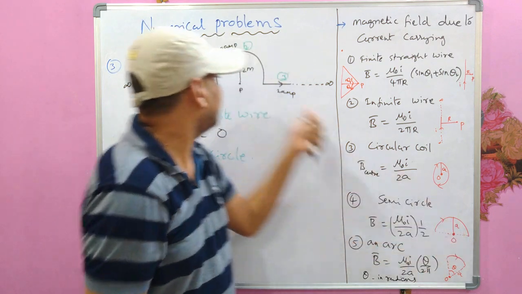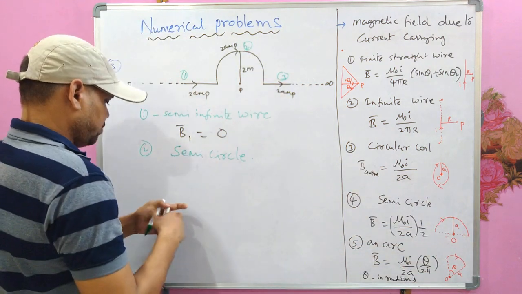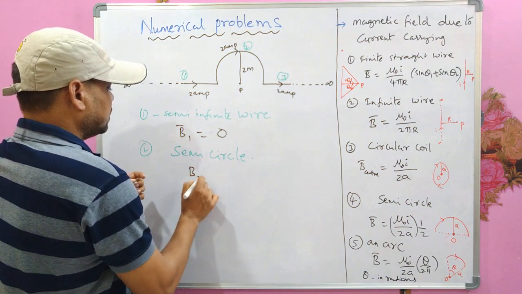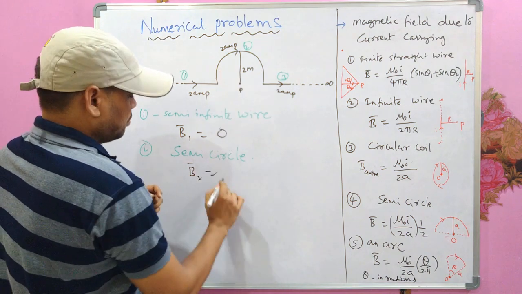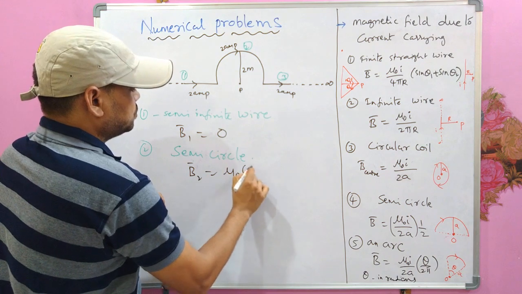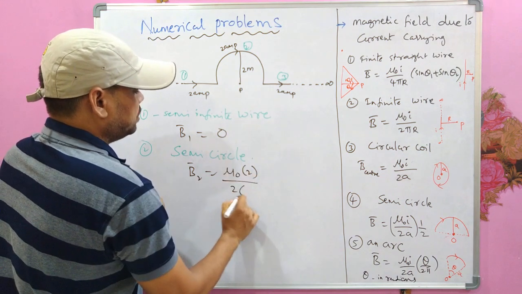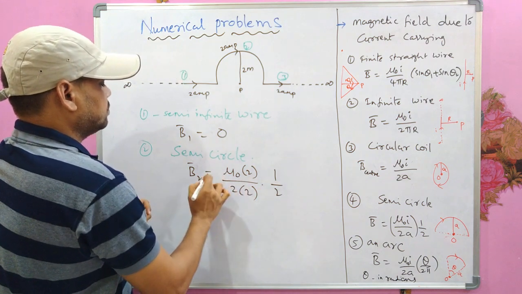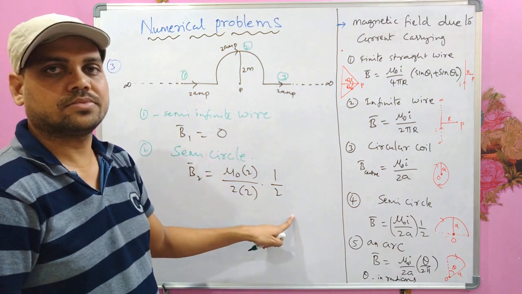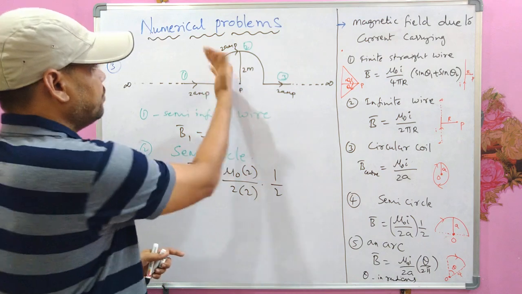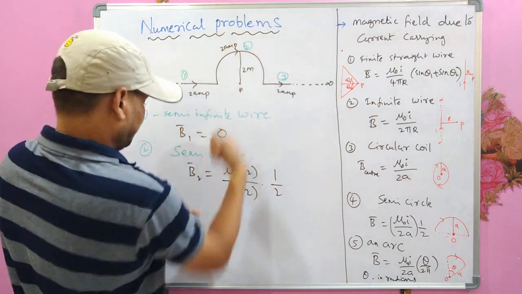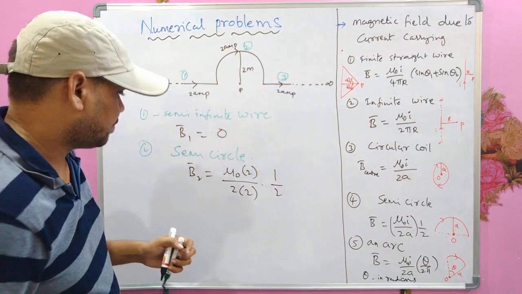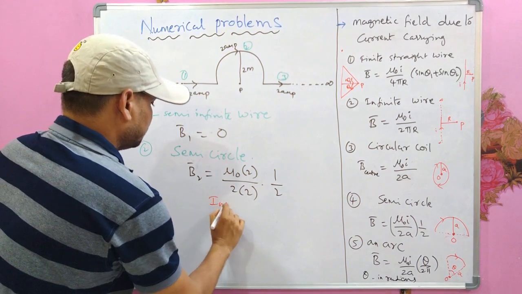Now what is a here? It is 2 meter. So B2 will be mu naught into I, which is 2, by 2 into 2 into 1 by 2. What is the direction of it? Here, inwards.